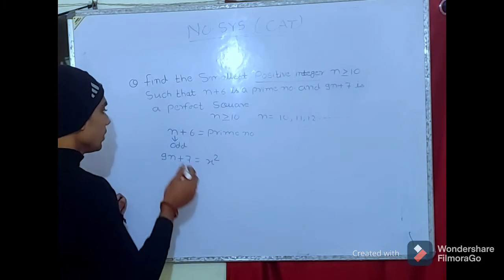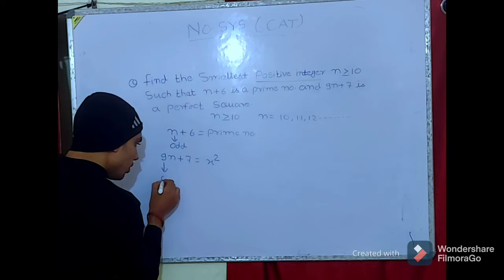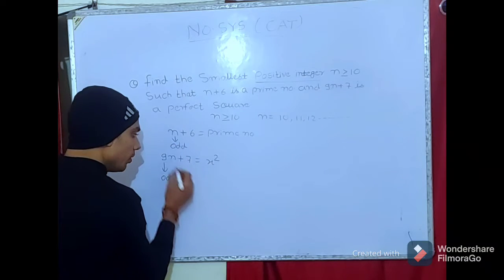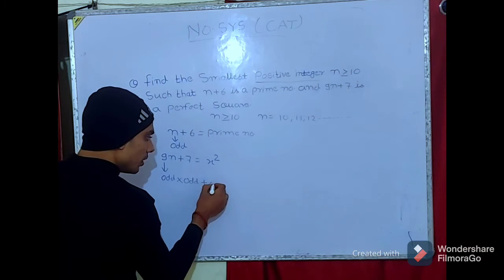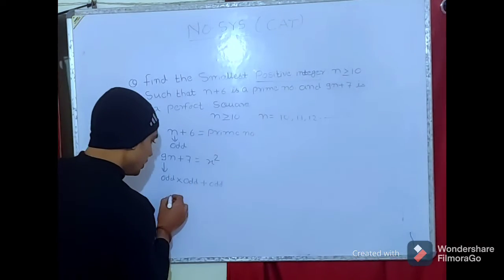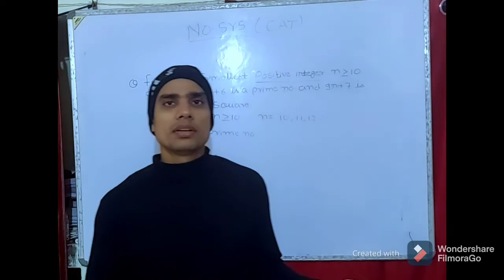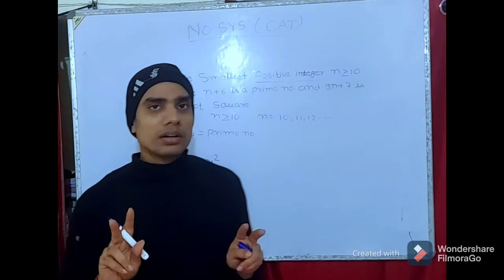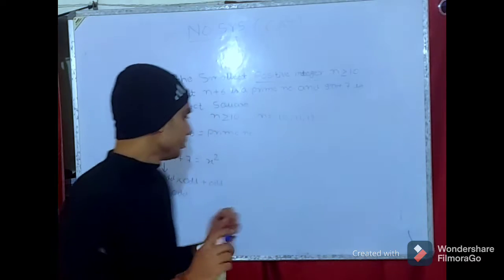Okay. So see this equation: 9 is an odd number, so 9 into n is an odd number, plus 7 is odd. We know that odd into odd is odd; 3 into 7 is 21, and 21 is odd.